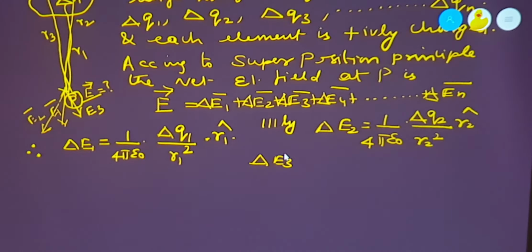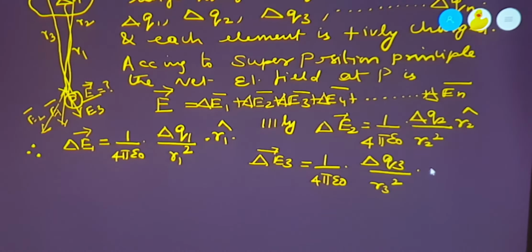All are considered to be vectors, because R1 cap, here you have written it as R2 cap. And now delta E3 vector equals 1 by 4 pi epsilon 0 into delta Q3 divided by R3 square into R3 cap, and so on.